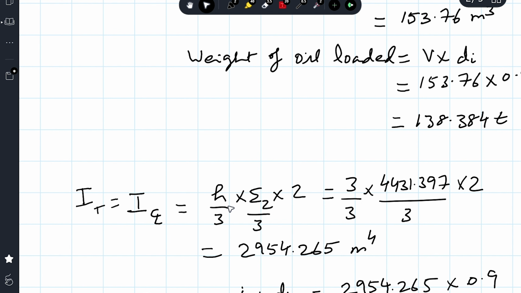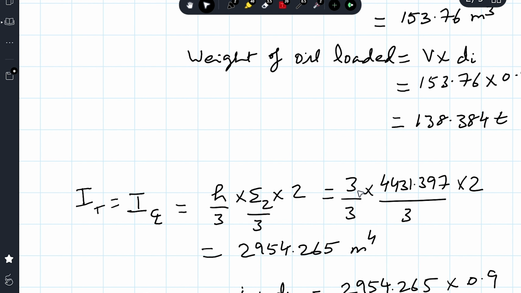So Simpson's rule number 1, h by 3 into the sum of the products of the moment of inertia function, sigma 2, and as I explained, it must be divided by 3 for moment of inertia and multiplied by 2 because we have half breadths. If we have half breadths, we need to multiply by 2 to get the moment of inertia of the full tank.